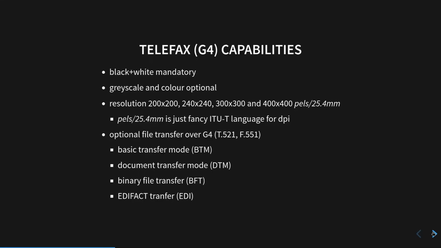So there's a bit of overlap with the FTAM, the ISO-OSI file transfer that was also used in ISO-OSI networks, or Eurofile transfer and so on. But yeah, for some reason it was also specified over G4, which I guess with a physical fax machine doesn't really make much sense. Then a fax machine would have had to include a floppy drive to make use of this. So I've never heard of this.